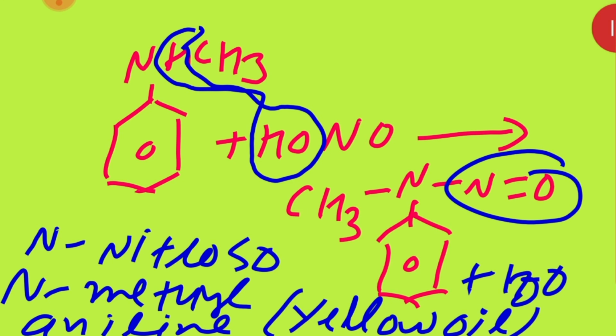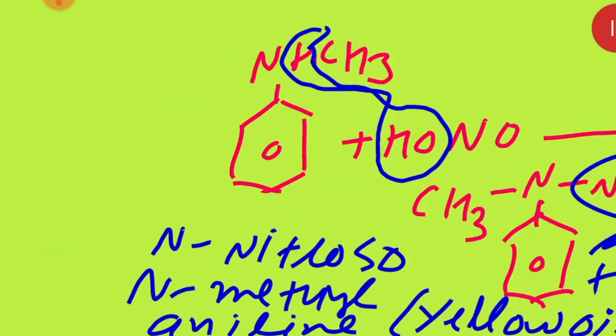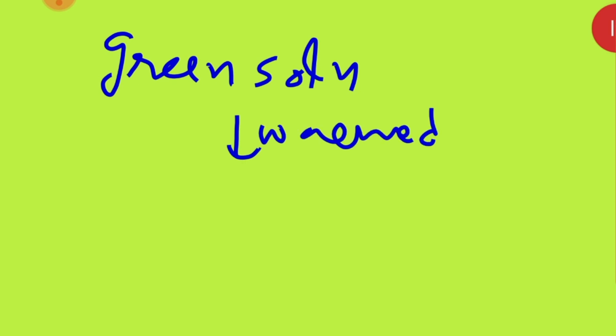What do you call it? Yellow oil. Okay. And what is its color? Yellow oil color. Now I will tell you one thing, beta. And this yellow oil, nitrosamine, usually gives a green solution when it is warmed or heated with a phenol and concentrated sulfuric acid.